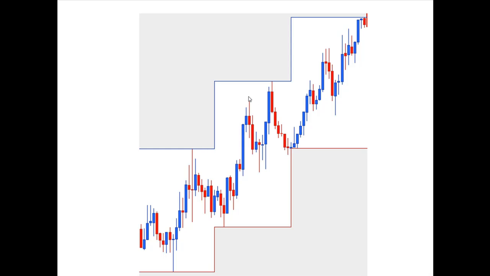Then it comes down, makes another low, higher than the previous low. Then it goes up, another high higher than this high, makes a low higher than the previous low, goes back up again, makes a high higher than the previous high and a low higher than the previous low, and goes back up again, and so on. So you know this market is in an uptrend.